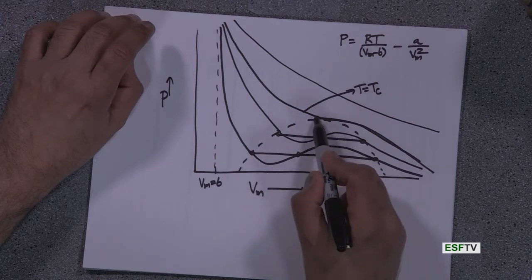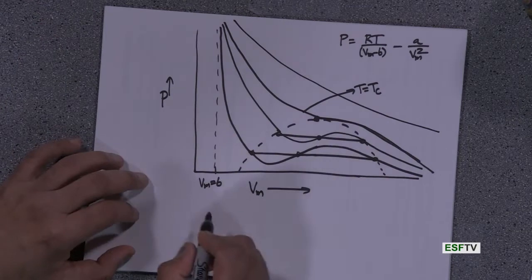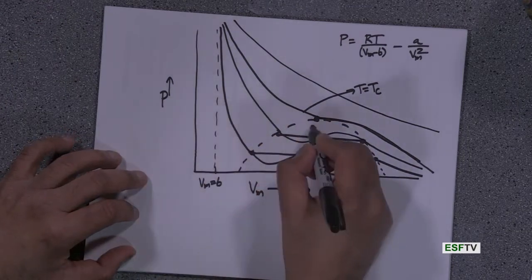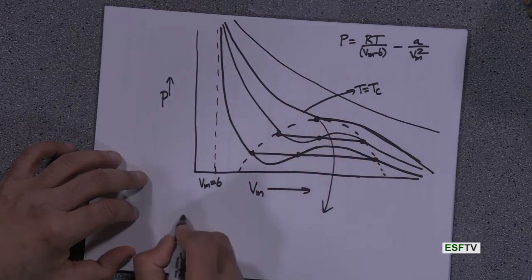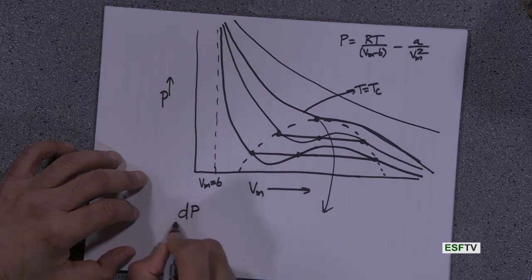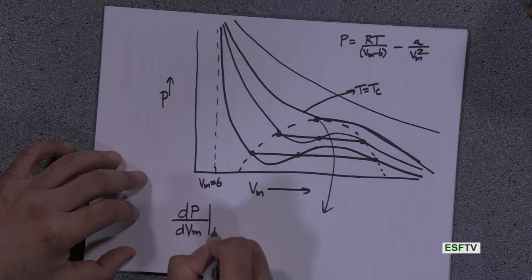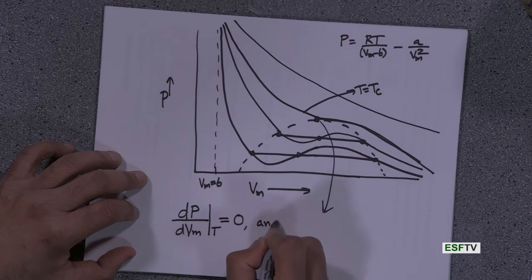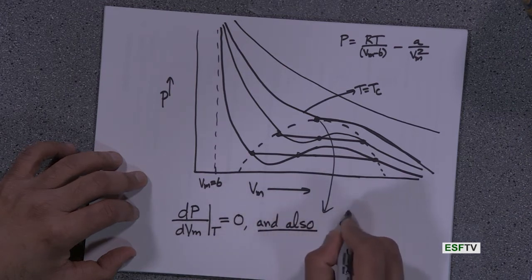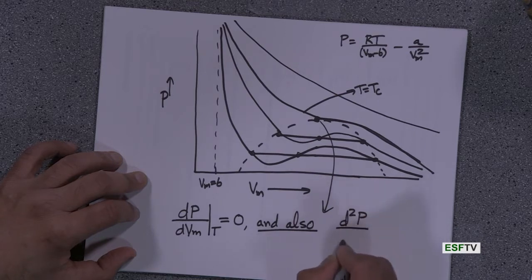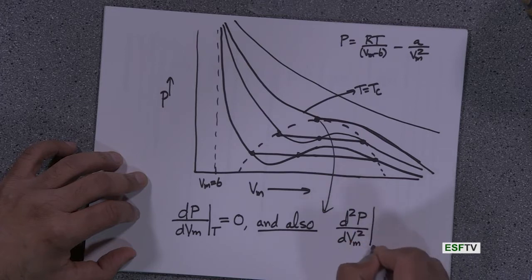So this point here at the top of the curve is uniquely a point at which the slope dP over dV molar at fixed temperature is 0, and also, I'll explain the notation in a moment, the second derivative of pressure on the molar volume, d2P over dV molar squared, is also 0.